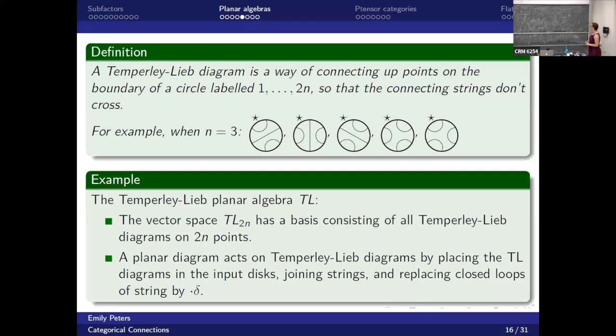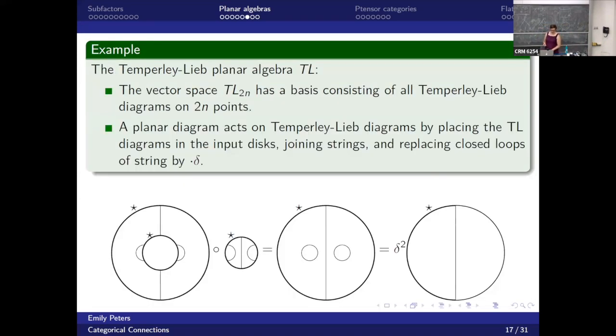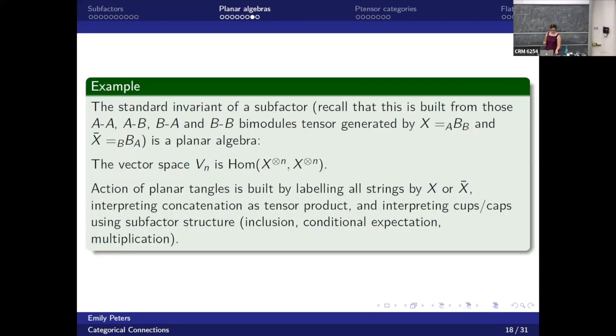You throw them away at a cost of, every time you throw one of them out, you multiply by delta. And so this is the same as delta squared times this picture. And now I've told you how a planar diagram acts on Temperley-Lieb basis elements. So just take the linear extension of that to the whole vector space. Okay, great. Here's an example.